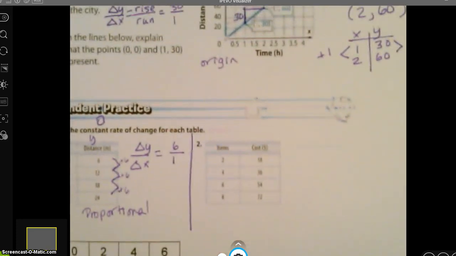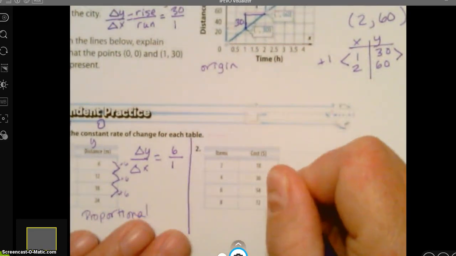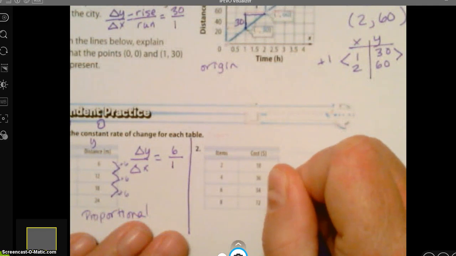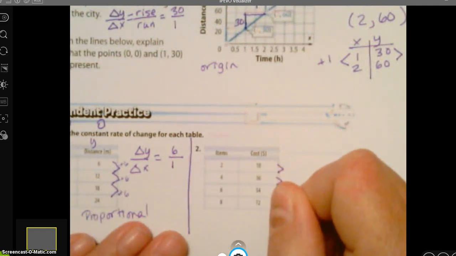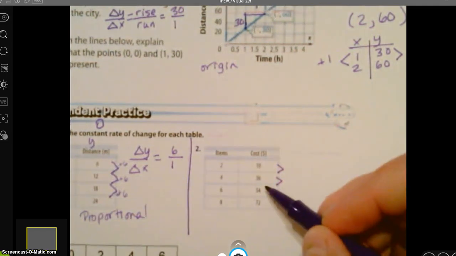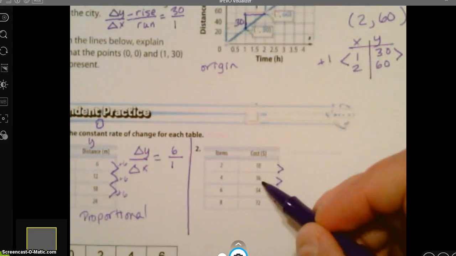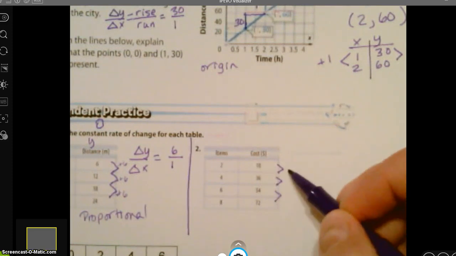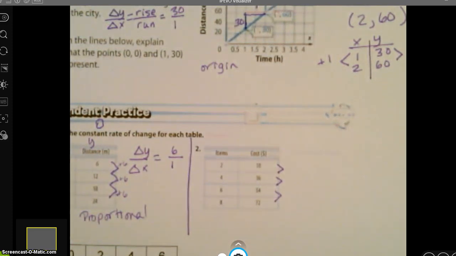Okay, now let's see if we can figure out how much it goes between each of these. I'm going to be quiet for a minute, and I want you to subtract to figure out 36 minus 18. Do that. And once you do that, you can do 54 minus 36 and see what you get.